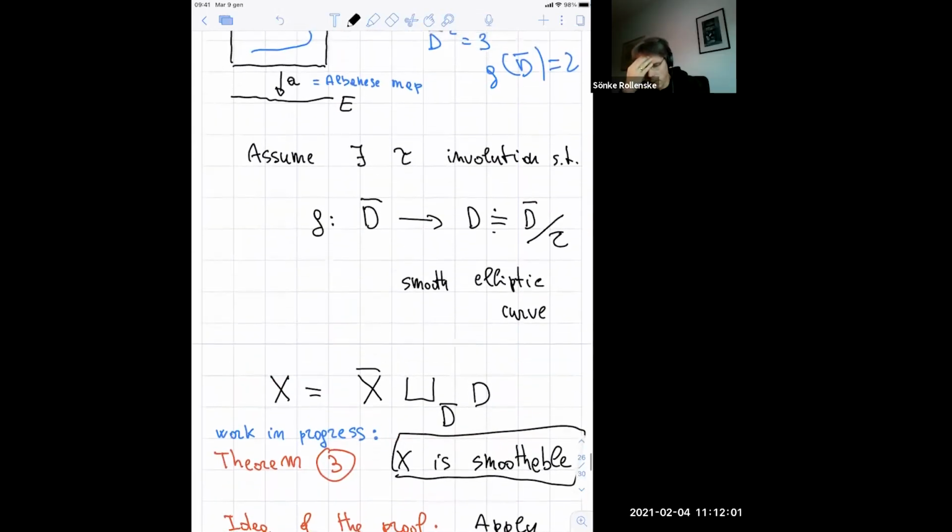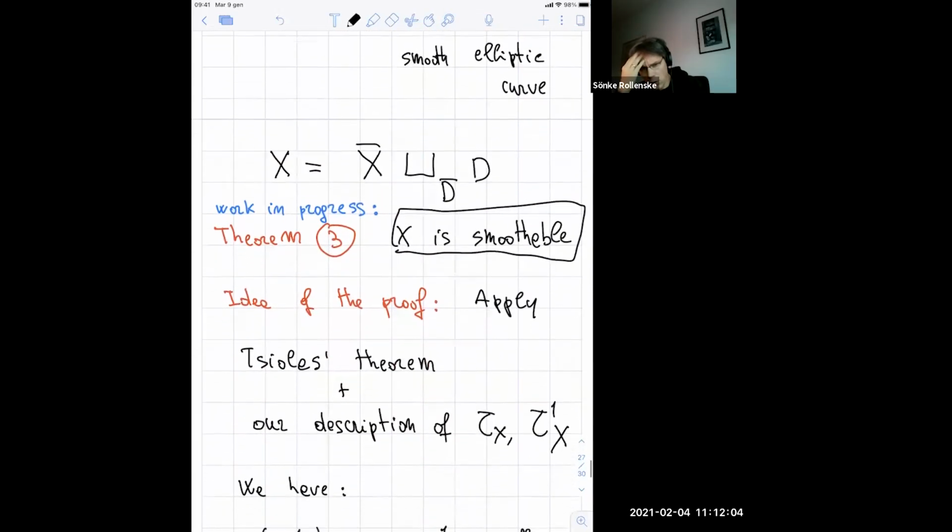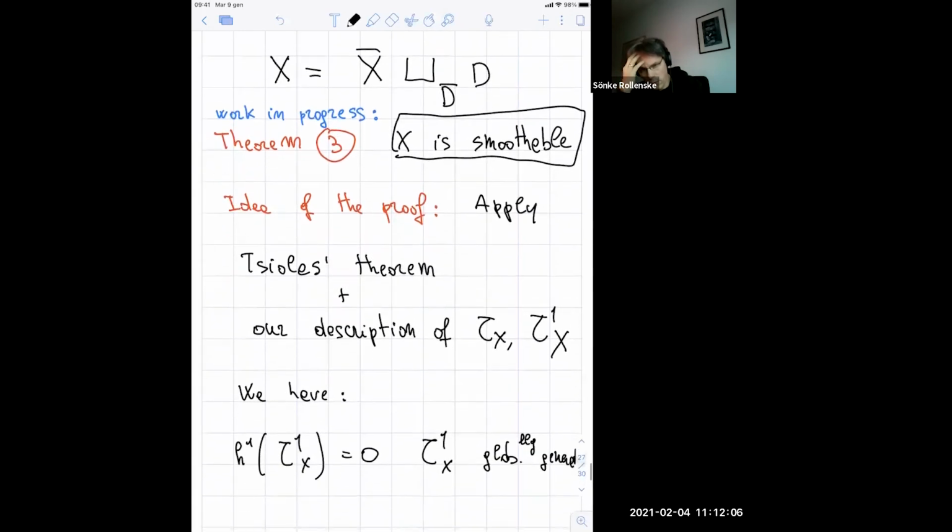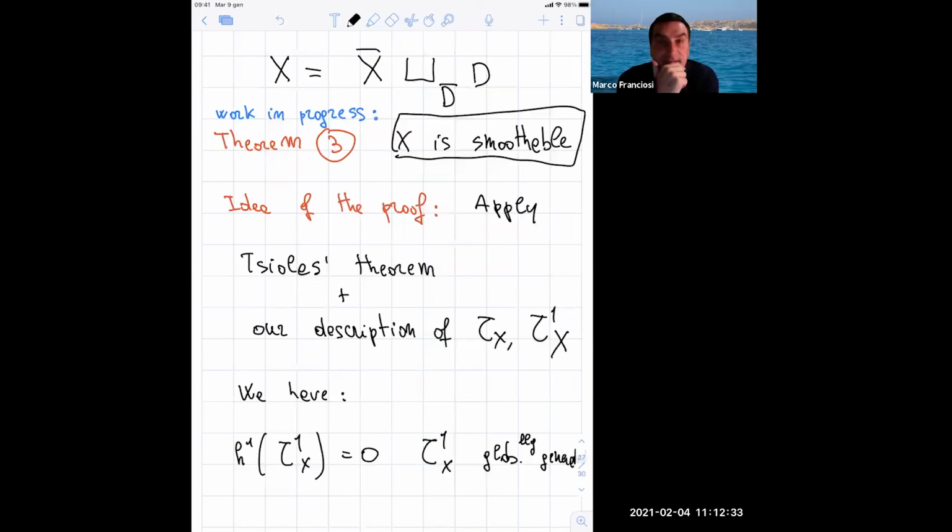I think in principle one could try to understand the fundamental group by just looking at the local deformation, what happens to the neighborhood of this elliptic curve D. But first you will have to find out what happens at the pinch points.